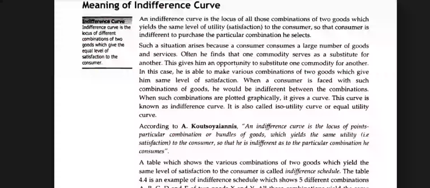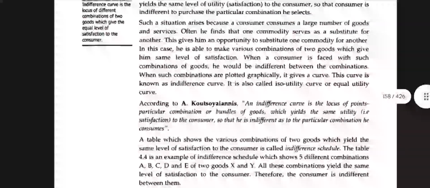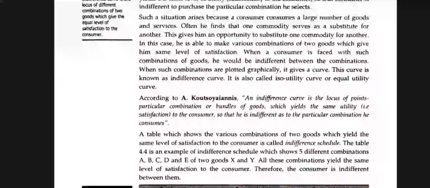Now when we plot these different combinations in tabular form, which give the same level of satisfaction to the consumer, it is called an indifference schedule. So here is an example of an indifference schedule, and when we plot this schedule in graphical representation, we get the indifference curve.